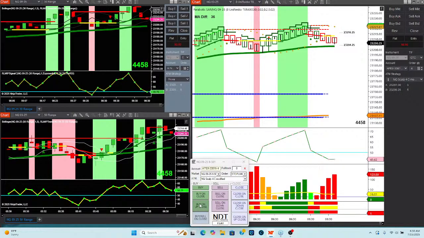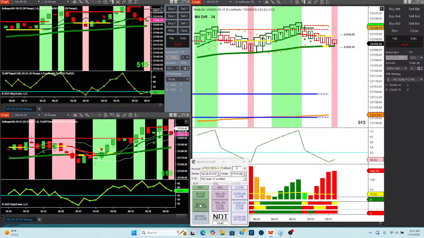But today I'm going to be trying, as I develop my scalping for the 8 uni, then I'll be able to take those results and hopefully automate it.